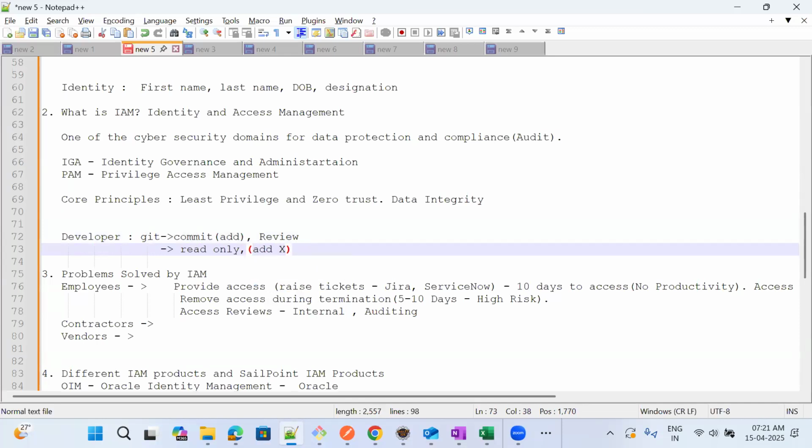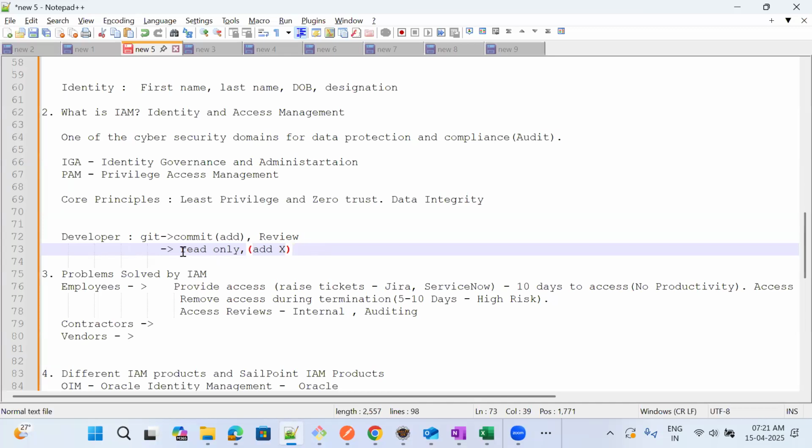In this case, this is also an issue, because as a developer, I have to write the code and add the code to the system, right? If I don't have the permission to add the code, my day-to-day work will not get done. So again, that is an issue.